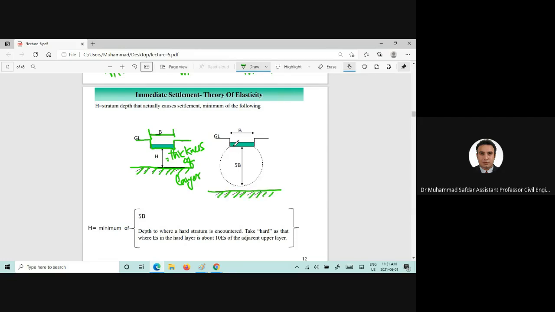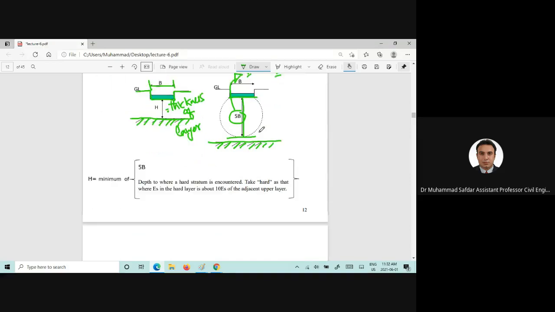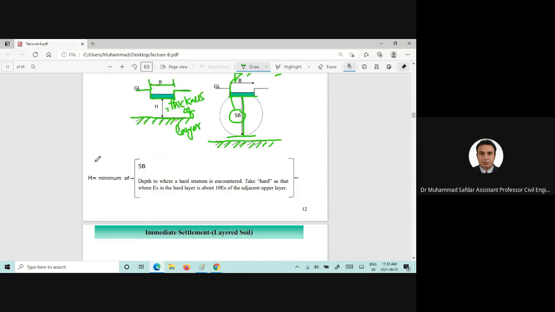So it's recommended that we should go till 5B, okay, and B is the width of the foundation. Now we need to take that edge, whichever is minimum of the 5B or the depth to the hard stratum.